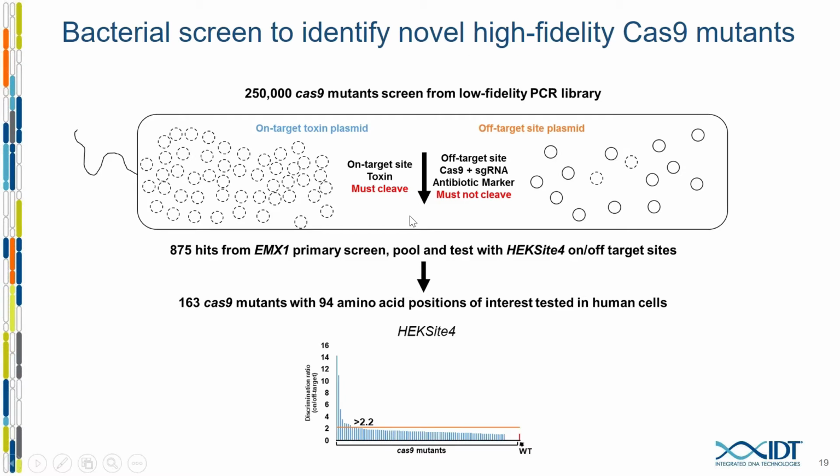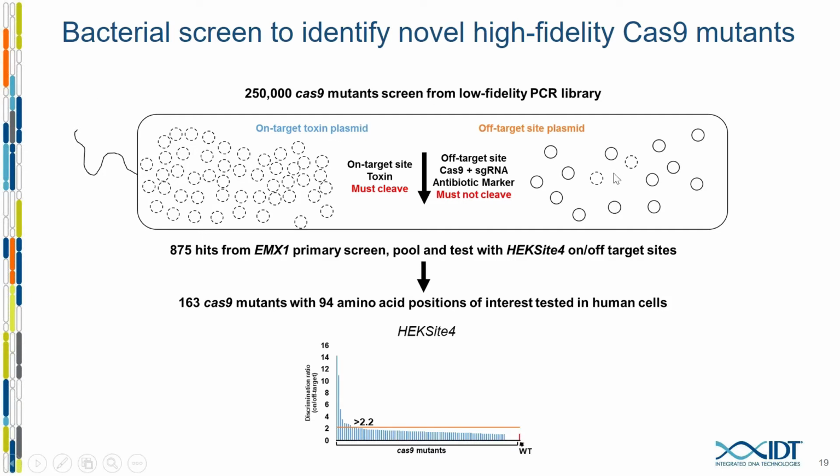I won't go into all the details here, but essentially what you've got is a high copy plasmid that expresses a bacterial toxin. So if this plasmid survives, the bacterial cells are killed. And on this plasmid is an on-target site for the guide we're using. So we're asking CRISPR-Cas9 to cleave every one of these plasmids so that the toxin is not produced.